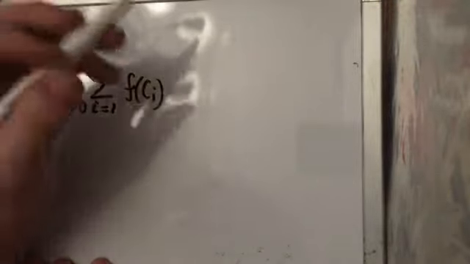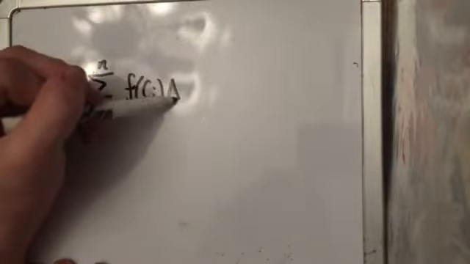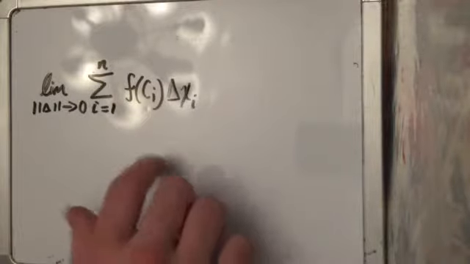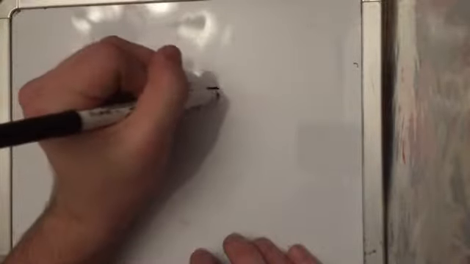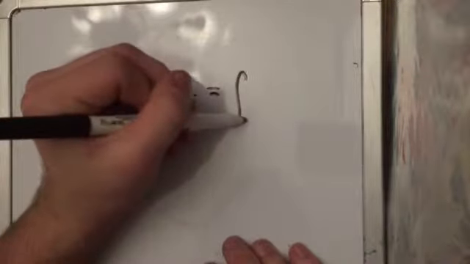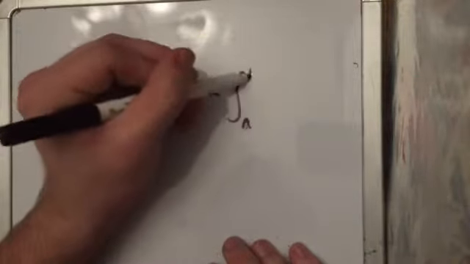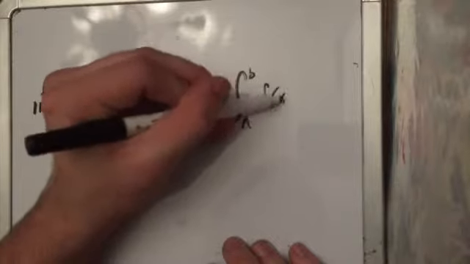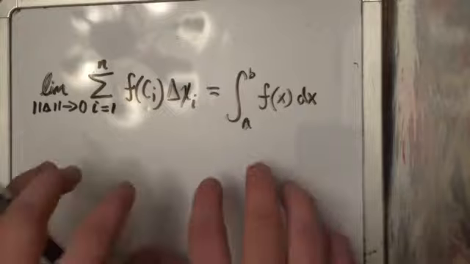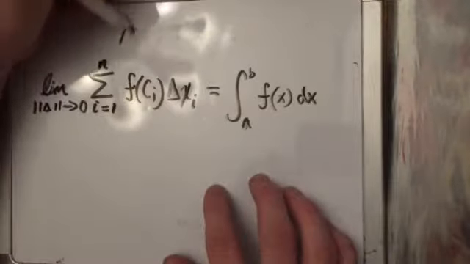So it's the limit of a Riemann sum. This is equal to the integral from a to b of f of x times dx. So this is the definition of a definite integral.